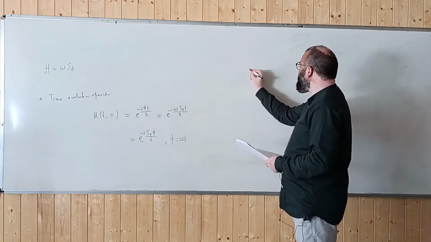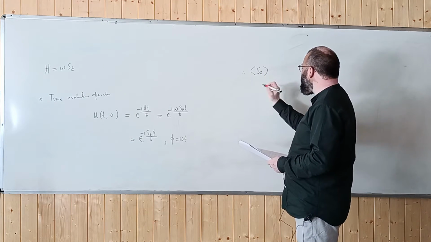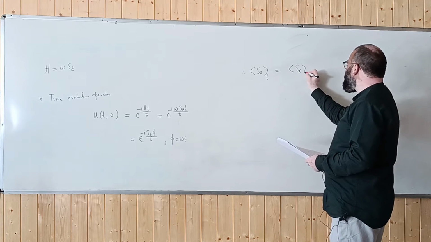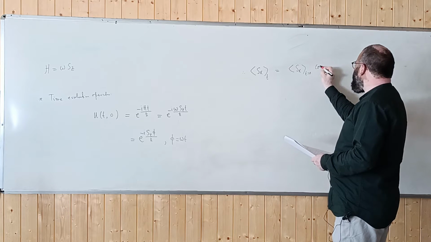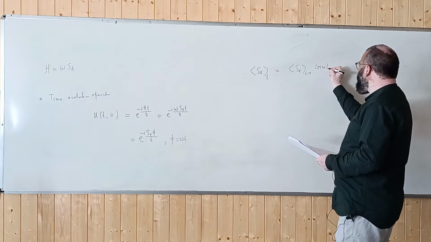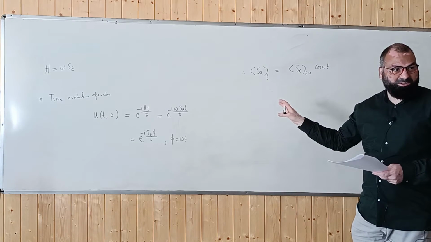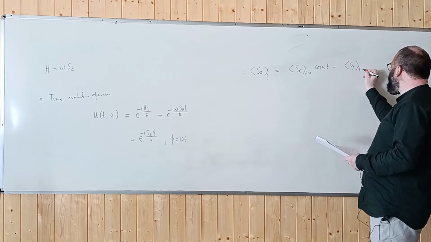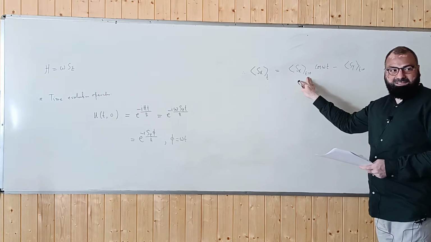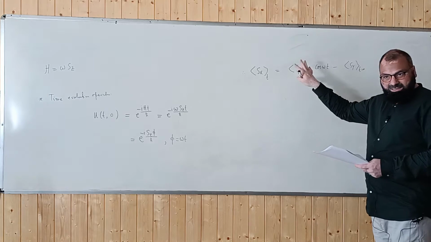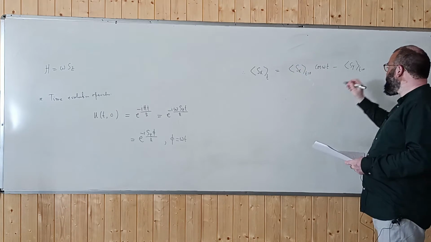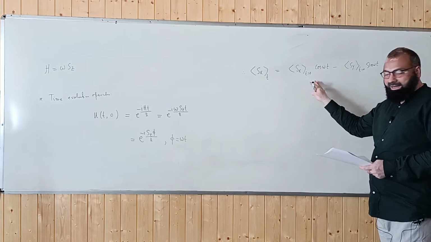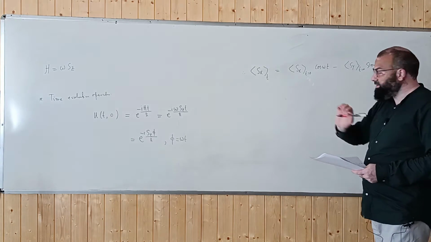Now these average values I can write as time dependent like this: S_x at t equals S_x at t=0 times cosine of phi, where phi is omega t, which we have already figured out, minus S_y at t=0 times sine of omega t. Why have I put t=0 explicitly here? It means the initial average values. We calculated this for an angle phi, and now phi is given by omega t.